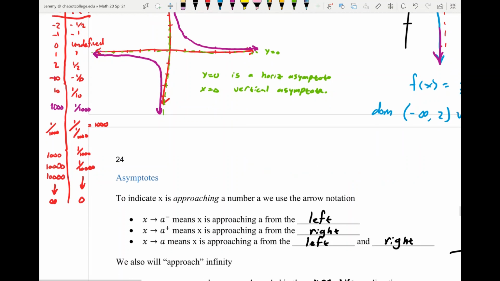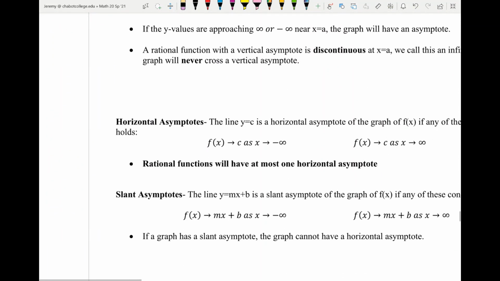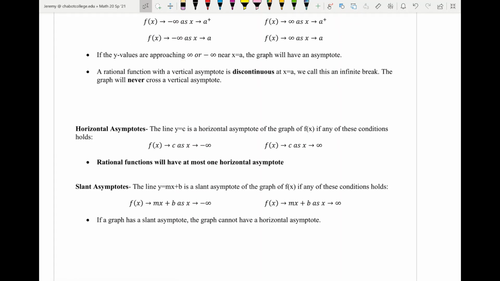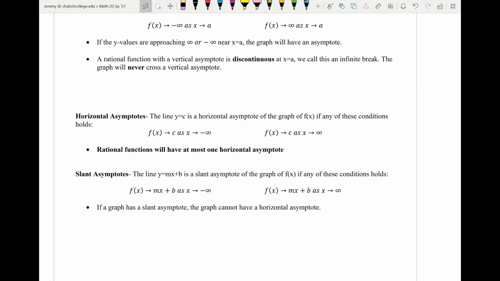I really do think of horizontal asymptotes as end behavior, where it doesn't shoot all the way up or all the way down; it just converges to some real number. Rational functions will have at most one horizontal asymptote, so we don't have to worry about there being too many of these. There's only one.